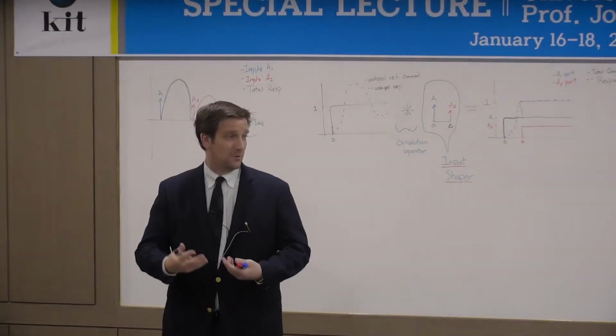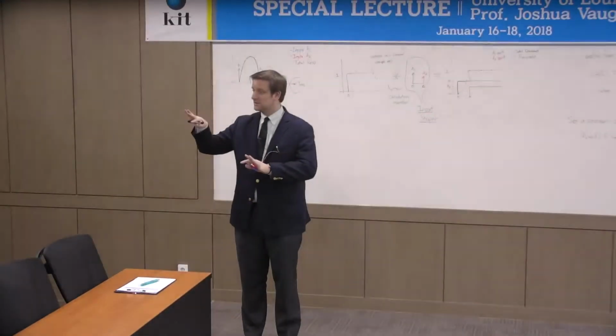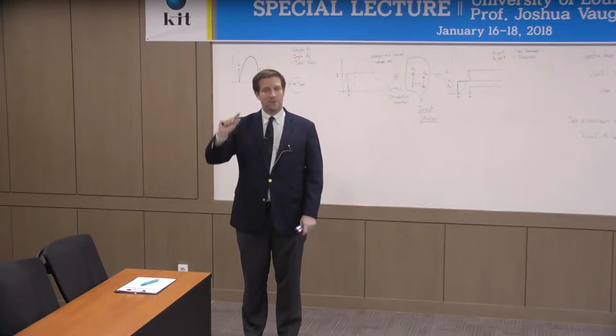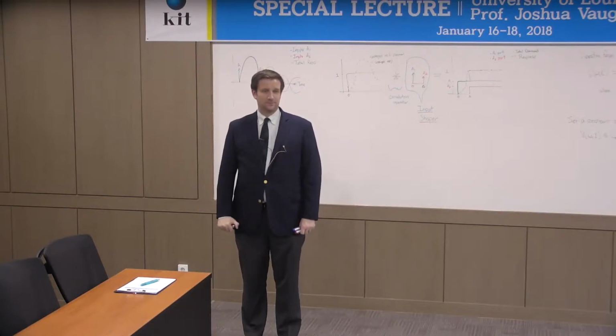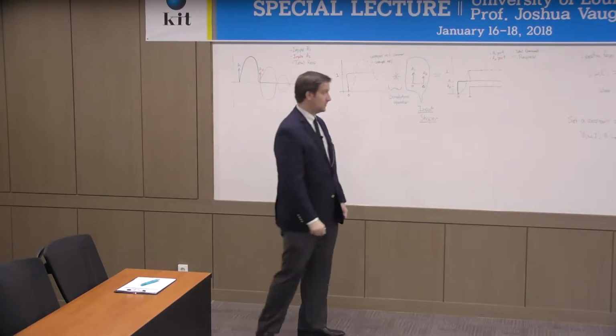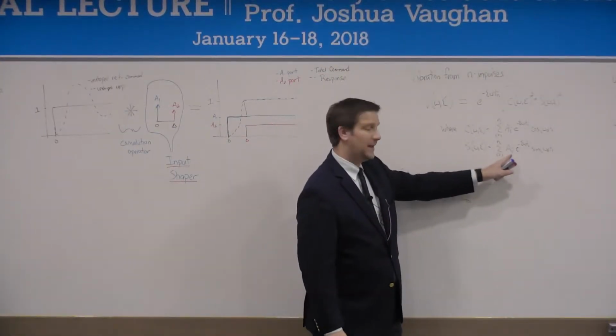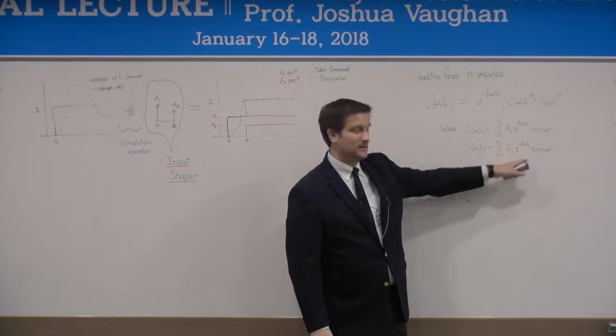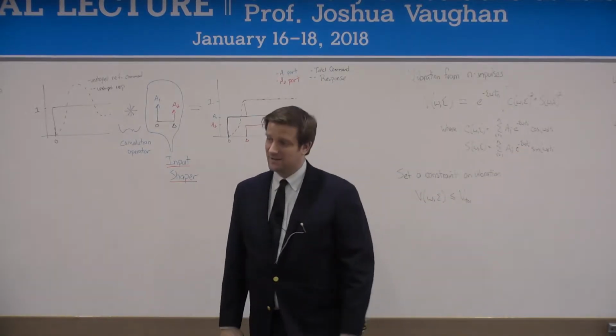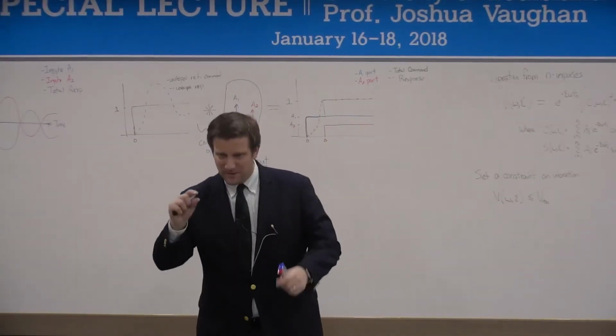So I have this equation that would predict how much vibration results. I can say, well, hey, I want that vibration to be really small. And I can create some kind of constraint equation that says pick A's and T's such that my vibration is less than some tolerable level. I want it to be tiny.